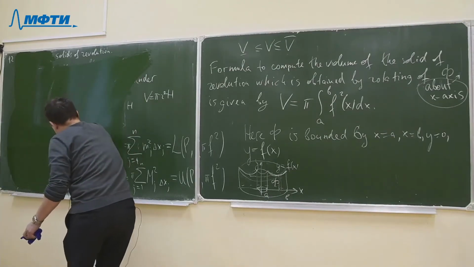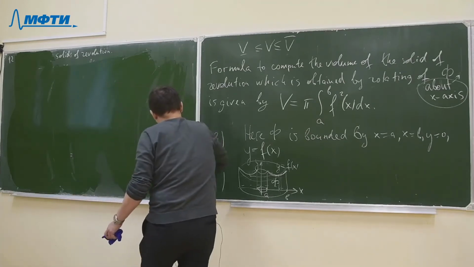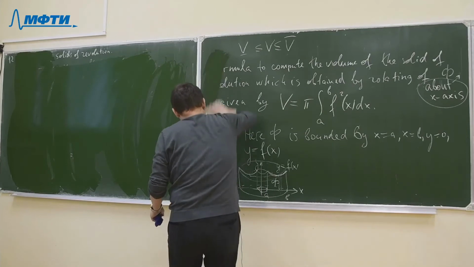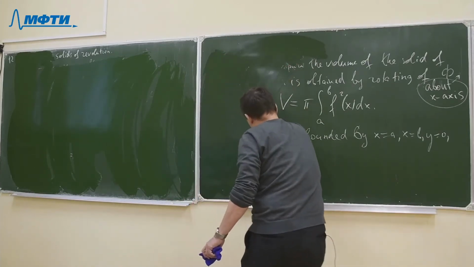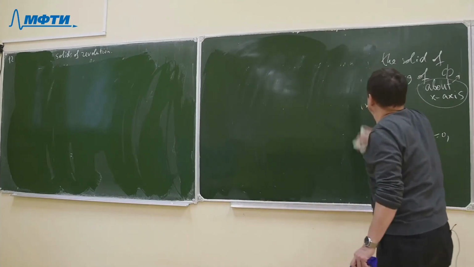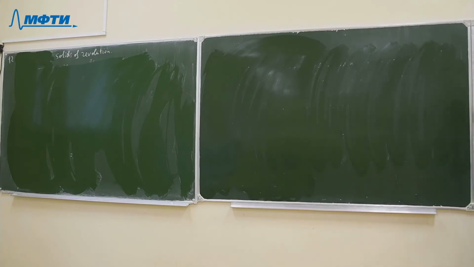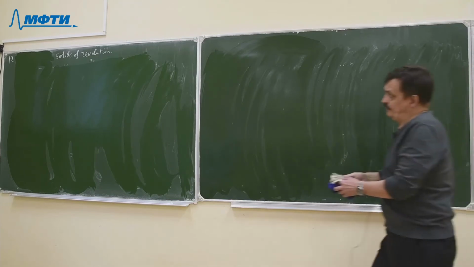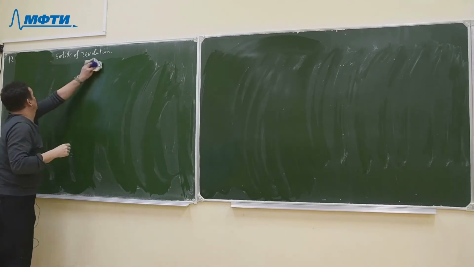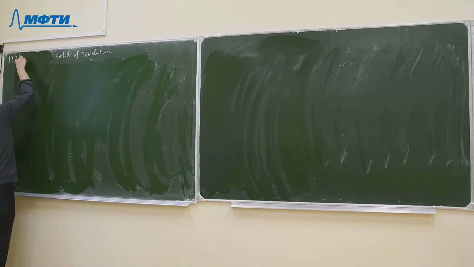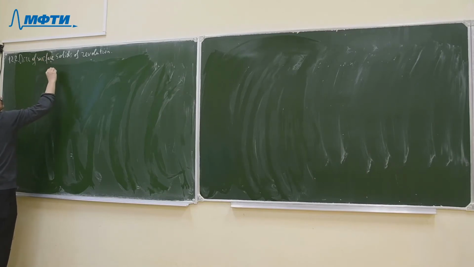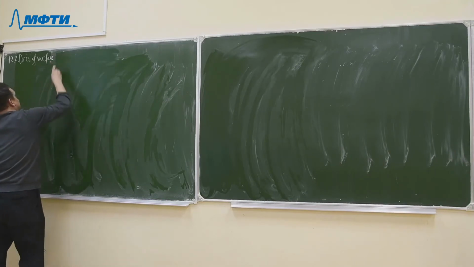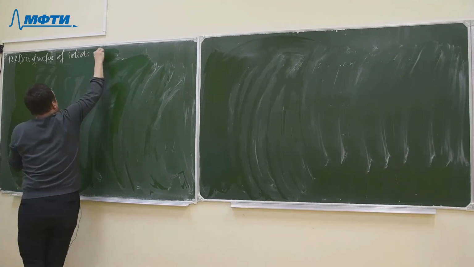Section 12.2: area of surface of solids of revolution.